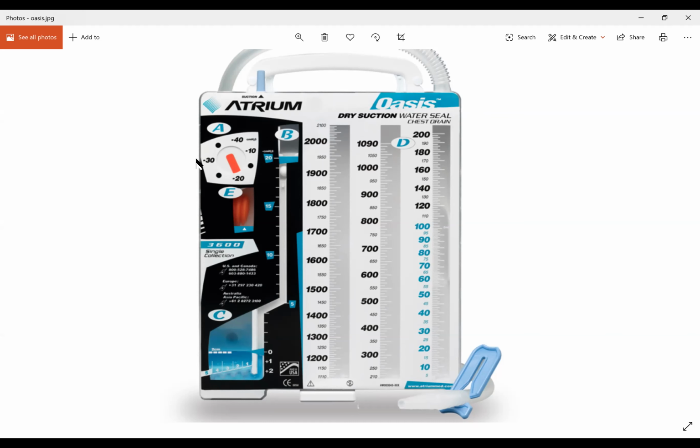There's a dial here which turns this from 20 to 30 to 40. A wet setup can only give a maximum of 20. So besides being wet or dry, the other difference between the two is this one is capable of up to 40 centimeters of water suction. The wet one can only give up to 20.